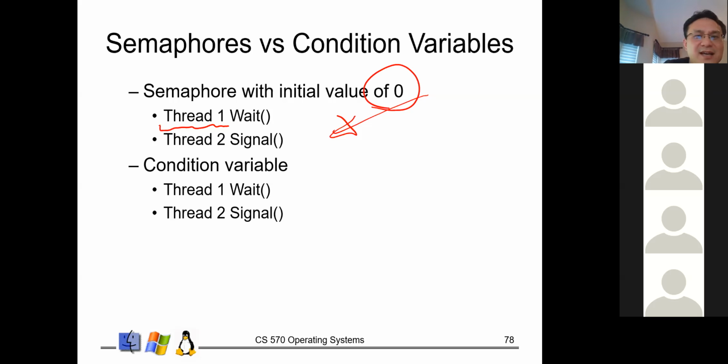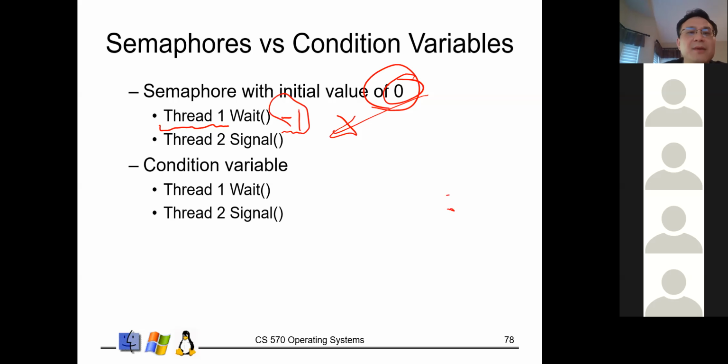Basically, yes, you would decrement this semaphore from 0 to -1. Remember, the wait operation always does the decrement first. After the decrement, you see this semaphore has a negative value.